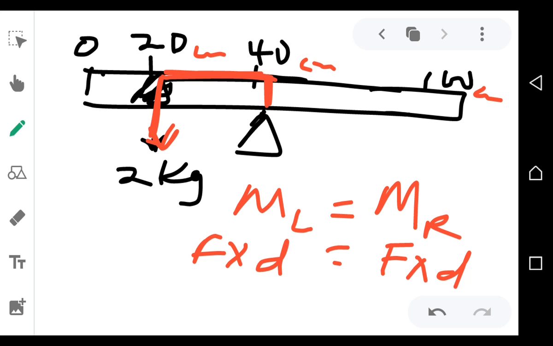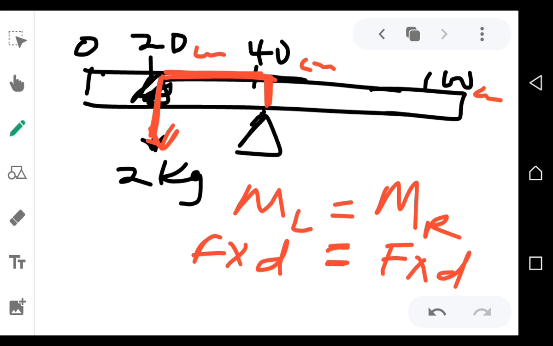So what is the force? Always know that since this is a uniform meter rule, the force of the rule always acts halfway of the full distance.